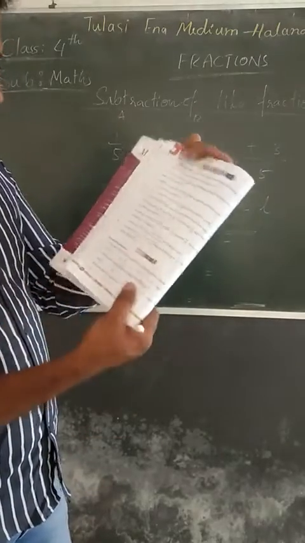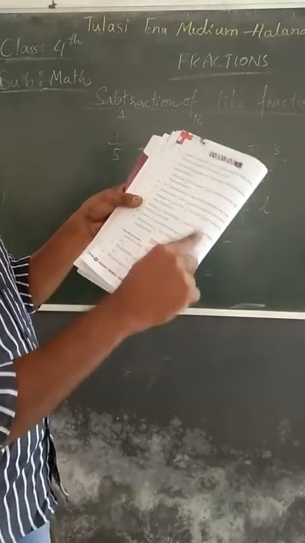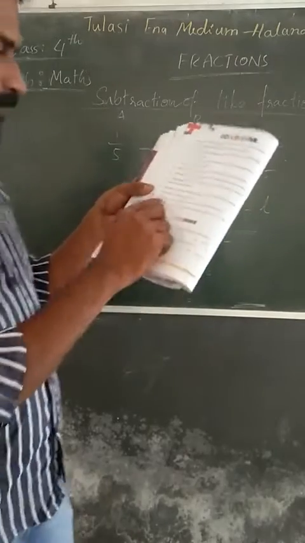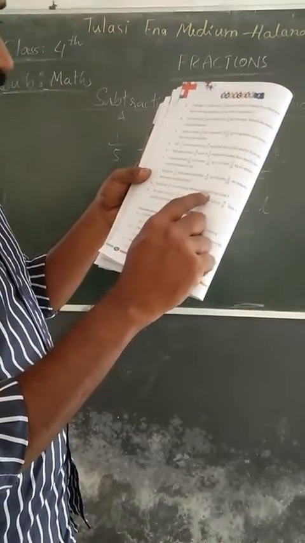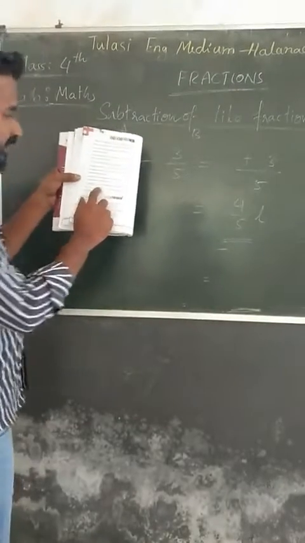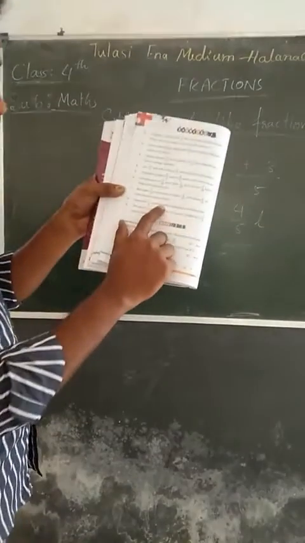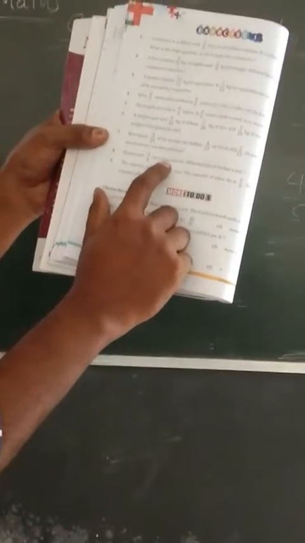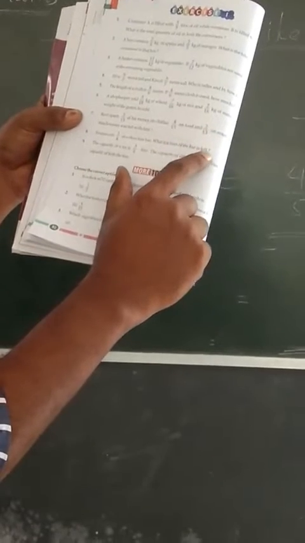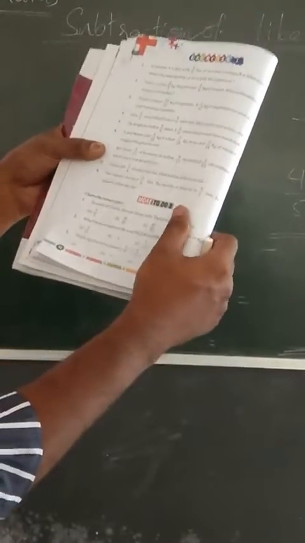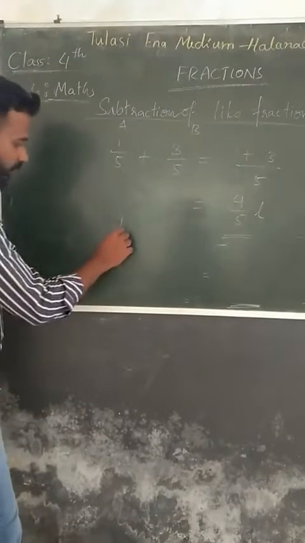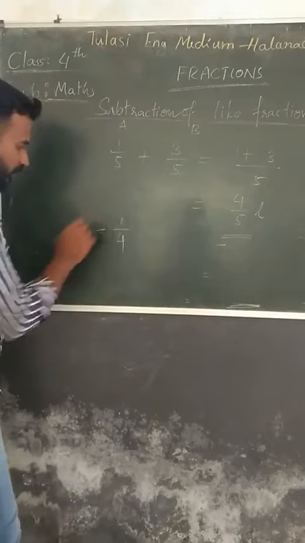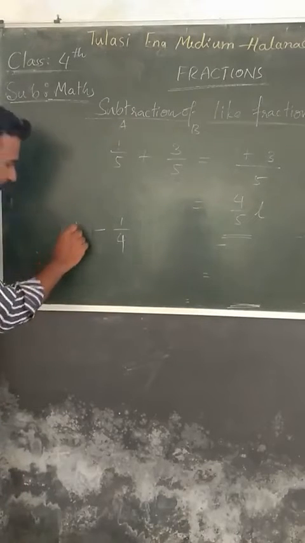In the same way, you can add all of them. Okay. Suman eats 1/4 of a chocolate bar. What fraction of the bar is left? So earlier it was 1, meaning whole.